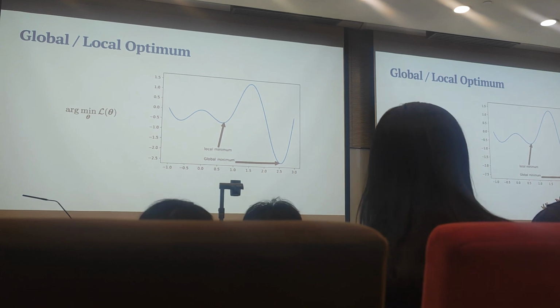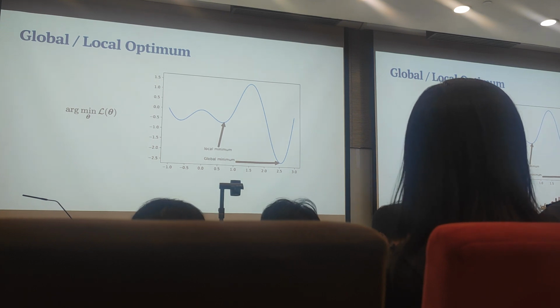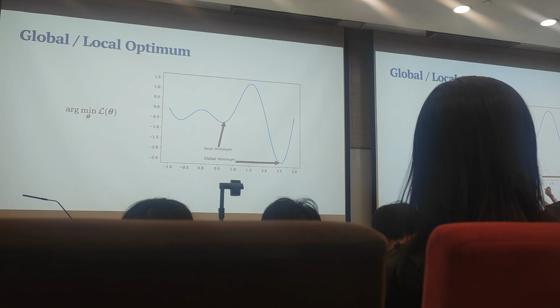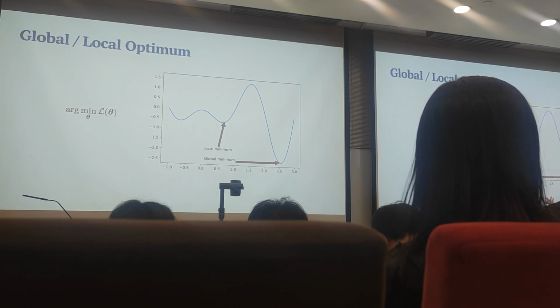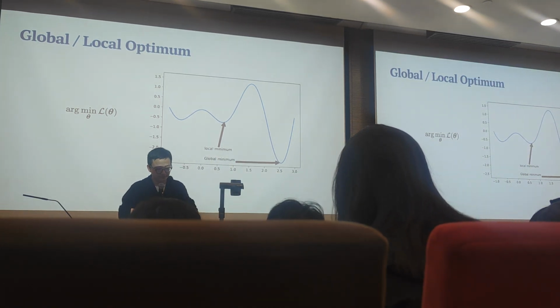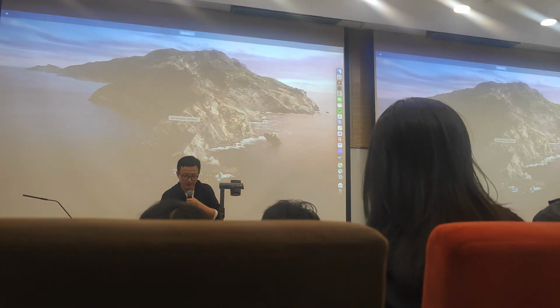But it's okay. We randomly initialize our parameters multiple times, compare the final loss function values, and pick the one with the lowest loss in the end. Then we choose that as our model, so we choose this one rather than that one. This is how initialization changes your final result. So this is something about gradient descent.